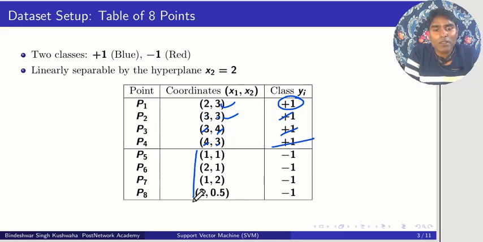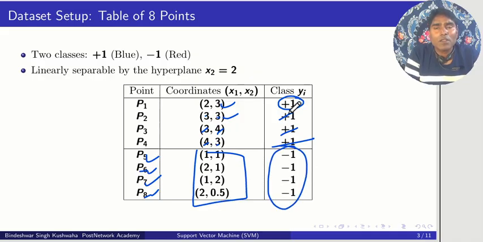The same way P5, P6, P7, P8, with coordinates 1, 1; 2, 1; 1, 2; 2 and 0.5, and classes are all -1. Maybe you can say +1 may be yes, -1 may be no, and this may be anything.